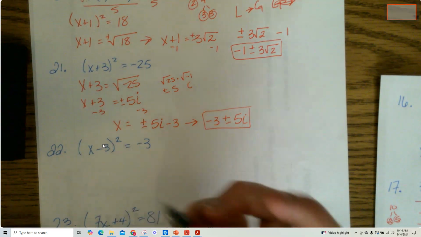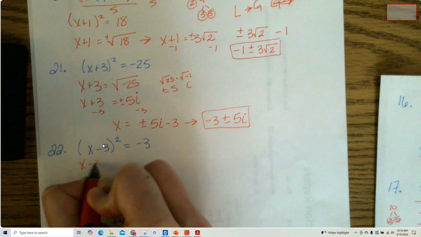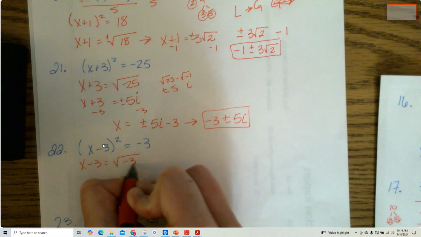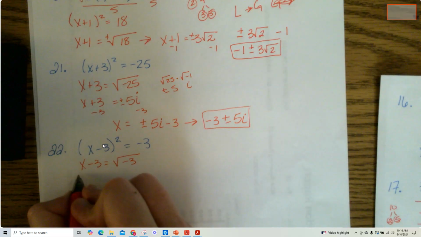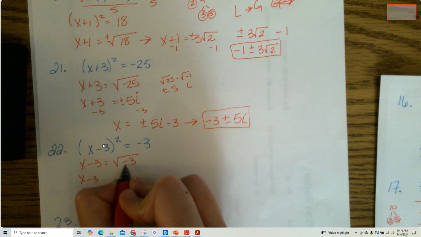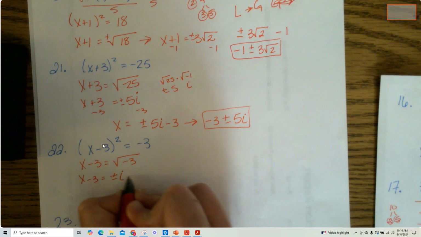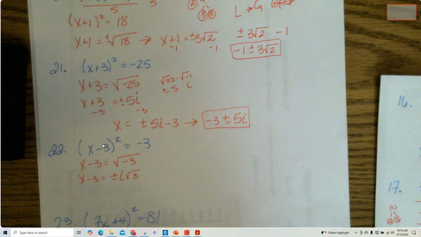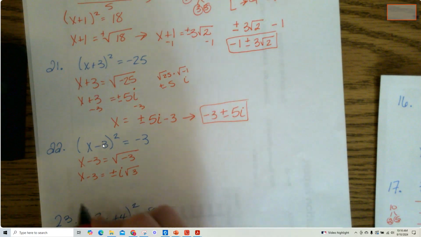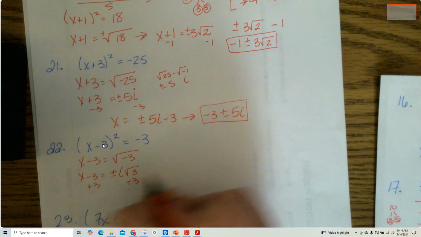All right, this one, if we square root both sides, okay, this one, all we can do is pull the i out. So we're going to have positive negative i times the square root of 3. And then we add 3 to both sides.